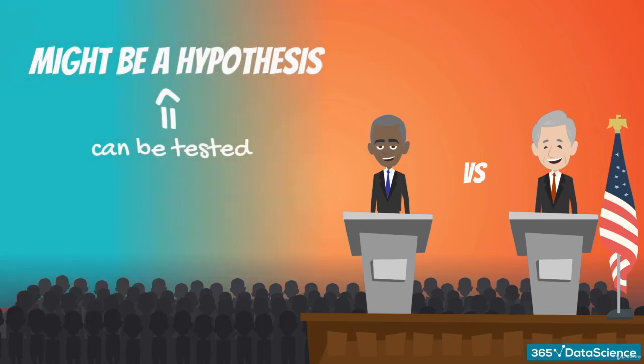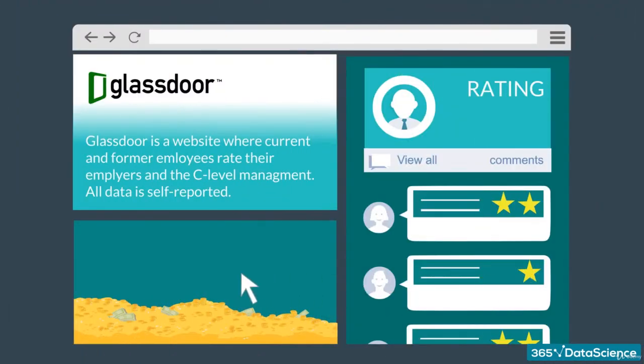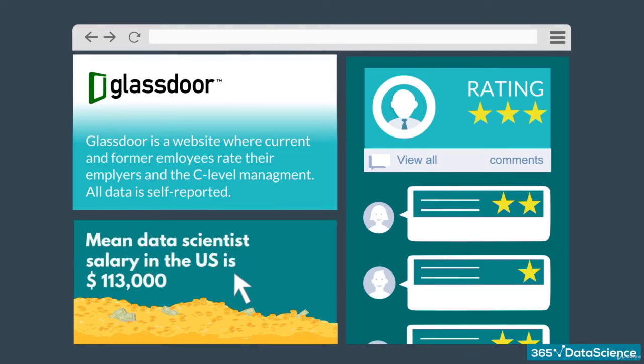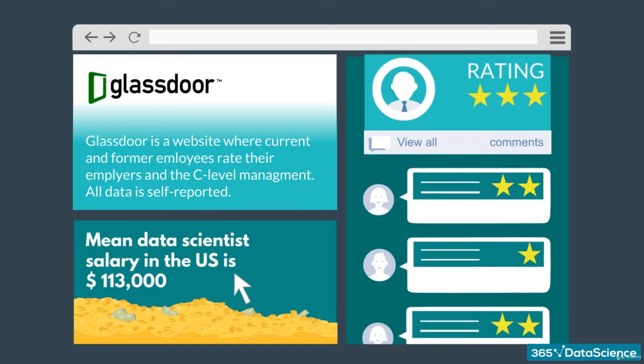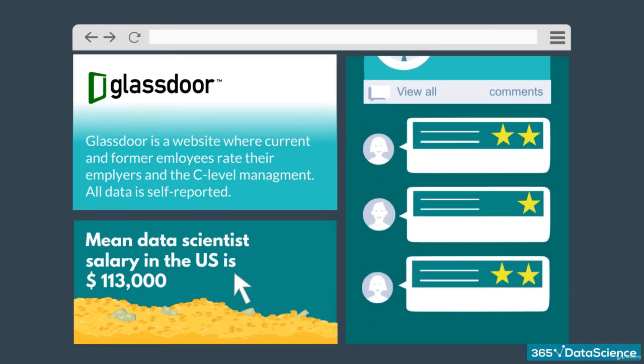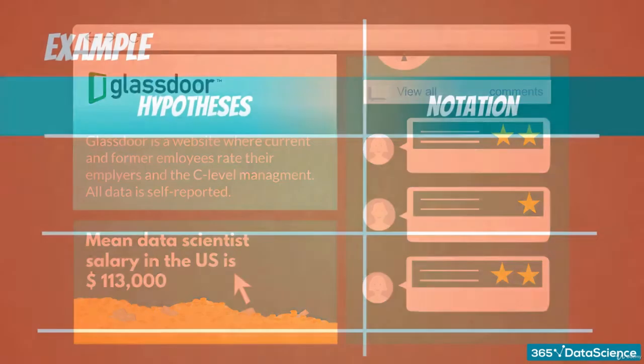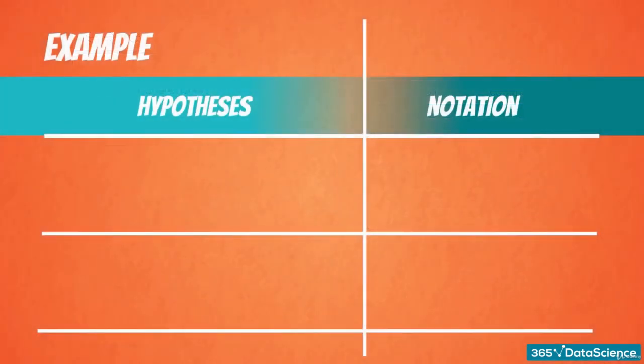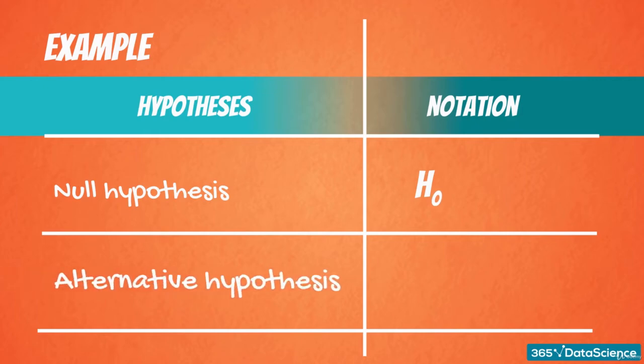All right, let's get out of politics and get into hypotheses. Here's a simple topic that can be tested. According to Glassdoor, the popular salary information website, the mean data scientist salary in the U.S. is $113,000. So, we want to test if their estimate is correct. There are 2 hypotheses that are made, the null hypothesis, denoted H0, and the alternative hypothesis, denoted H1 or HA.